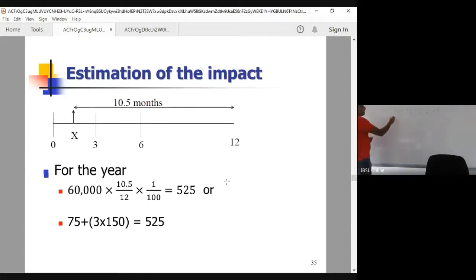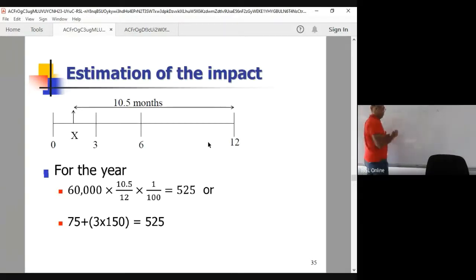Then you get that at 60,000. It's the same 60,000 you're looking at. Remember that, because it's continuing on from here. Whether that 60,000 has an impact on you for the year, what the impact on that for the rest of the year is, right?